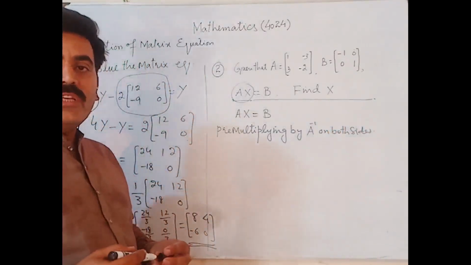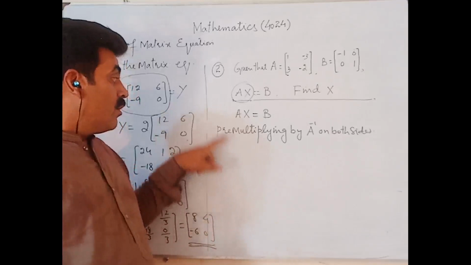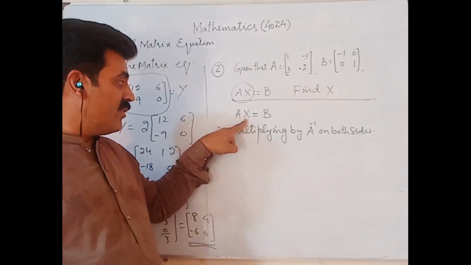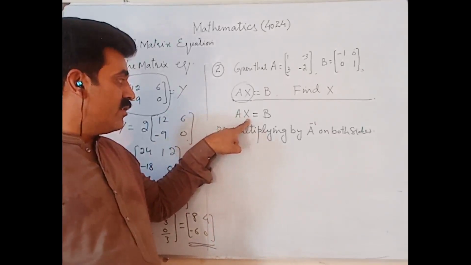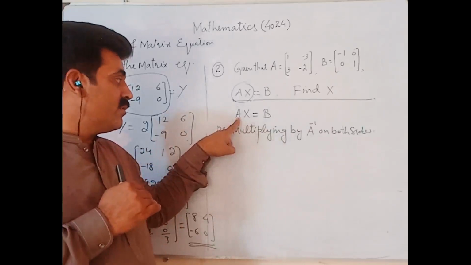What is pre- and post-multiplying? That is important to note. In this part, you can see that A is on the left-hand side.